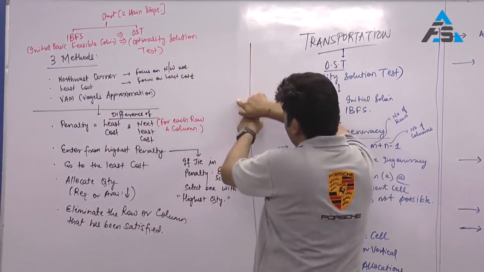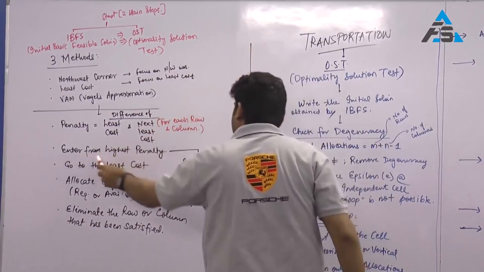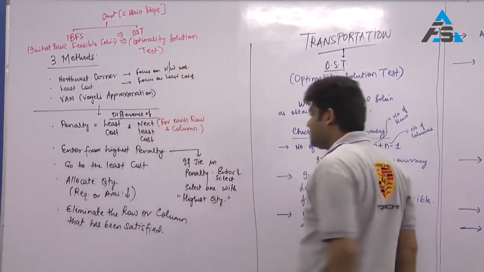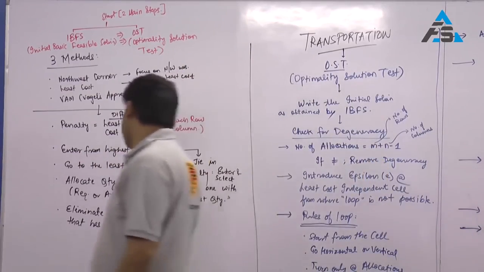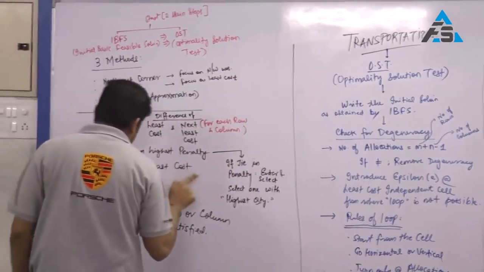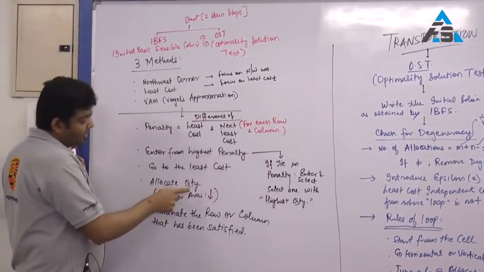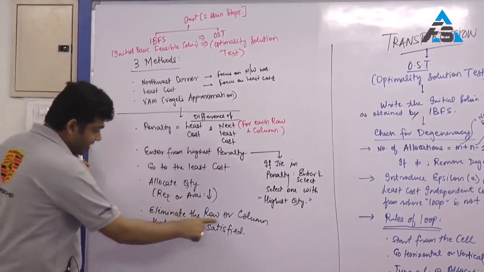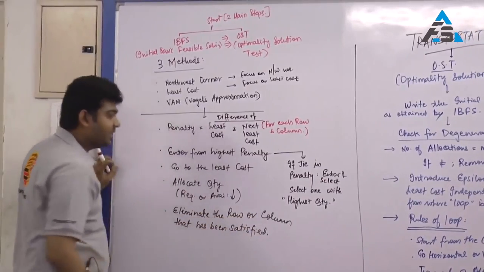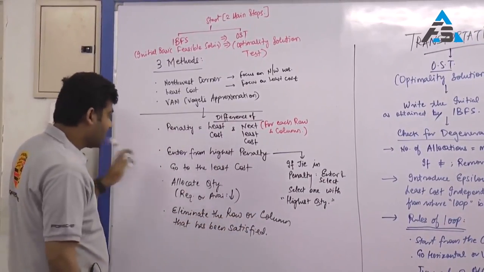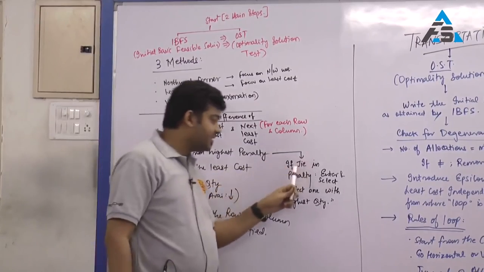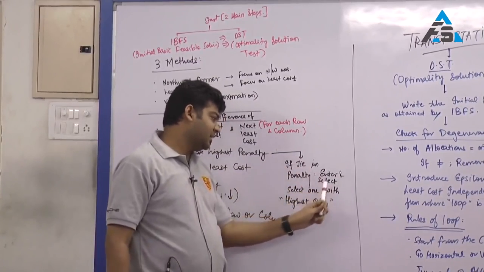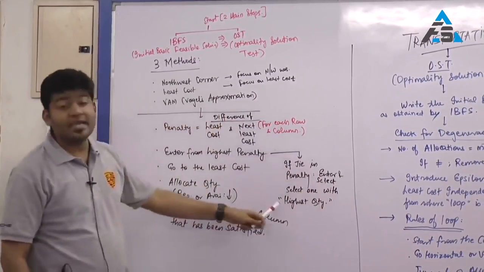From these rows and columns together, enter from the highest penalty. Whichever is the highest penalty, enter from that, go to the least cost, and then allocate quantity based on requirement or availability, whichever is lower. Eliminate the row or column that has been satisfied, which becomes 0. If there is a tie in the penalty, select the one with the highest quantity.